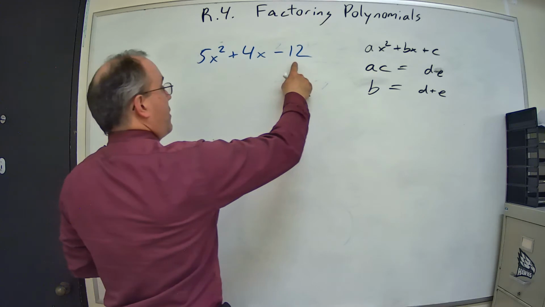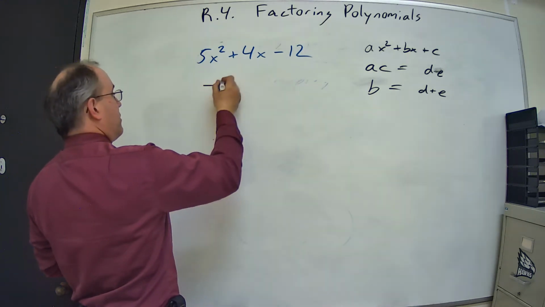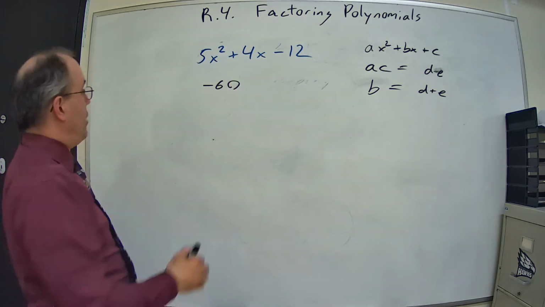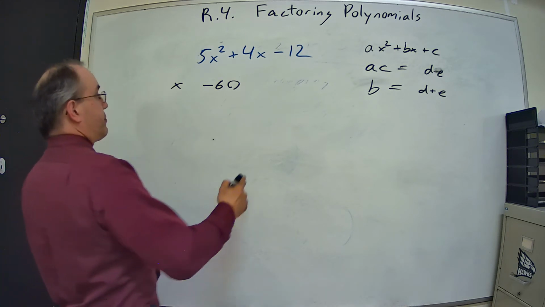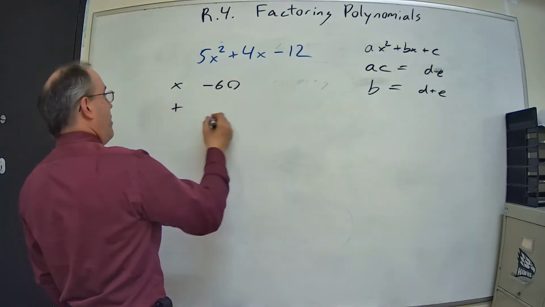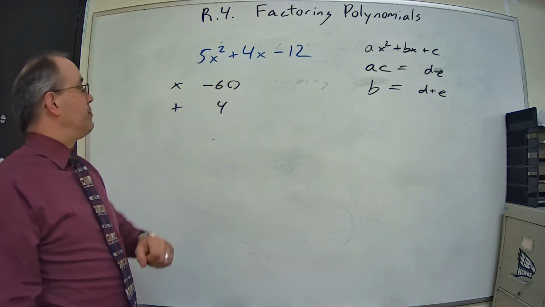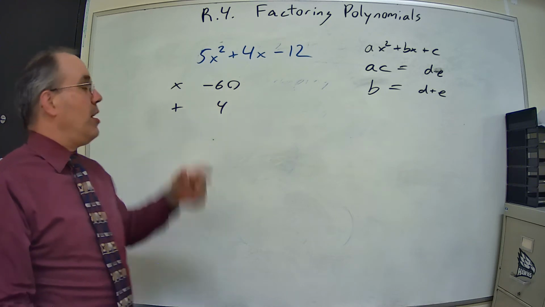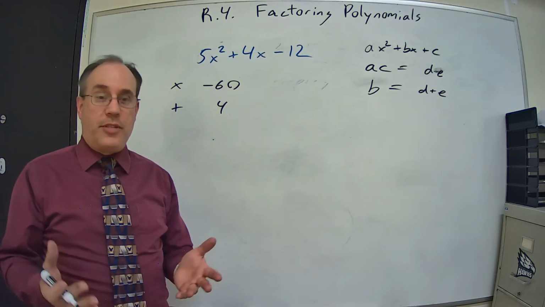5 times negative 12 is negative 60. So I'm looking for two numbers that will multiply to negative 60 and that will add to 4, that center value. Well, one thing we know is that the values are going to have opposite signs, right?